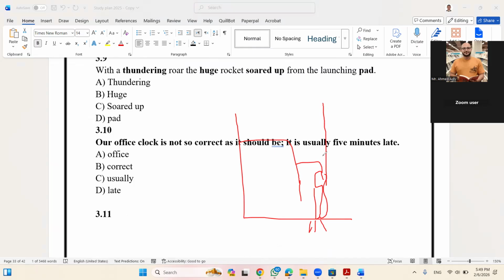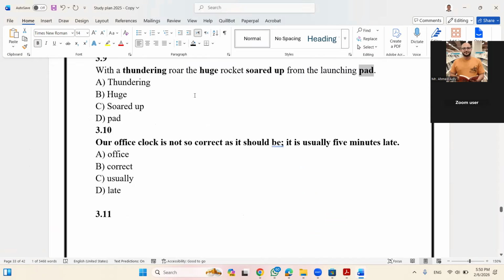So which one? Thundering? Nope. Huge? Nope. From the launching pad? The problem here is the wrong word fits the context somehow, but it doesn't serve the meaning of the sentence.